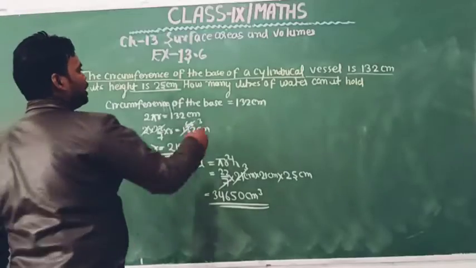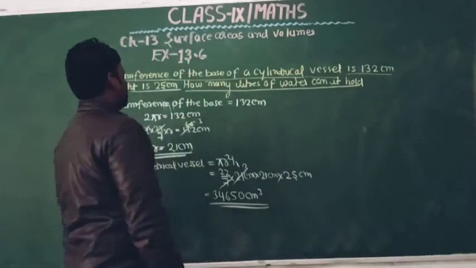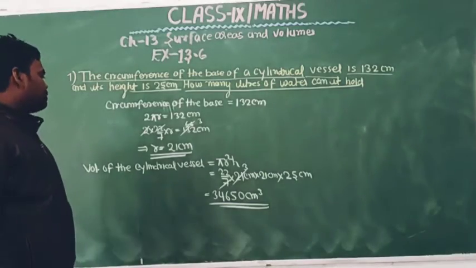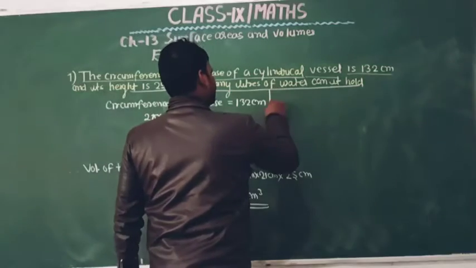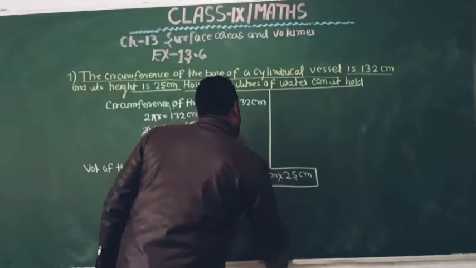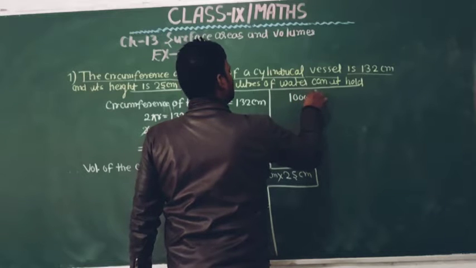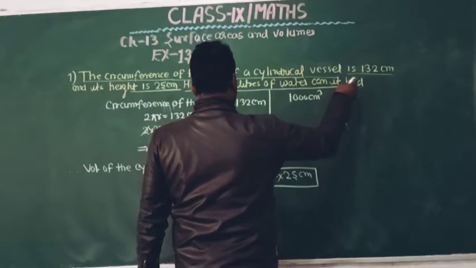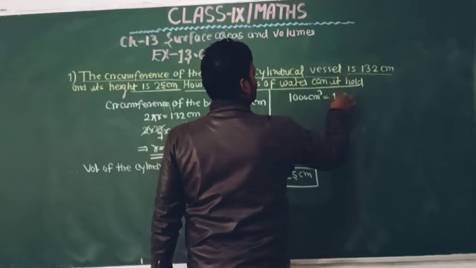But here we have to find how many liters of water it can hold. Then find the capacity of the cylindrical vessel. So we know 1000 centimeter cube volume equal to 1 liter.